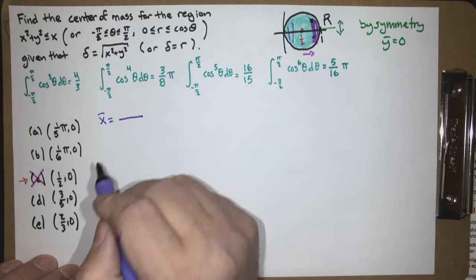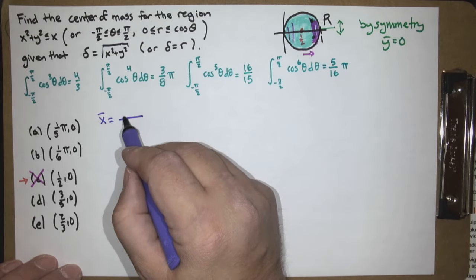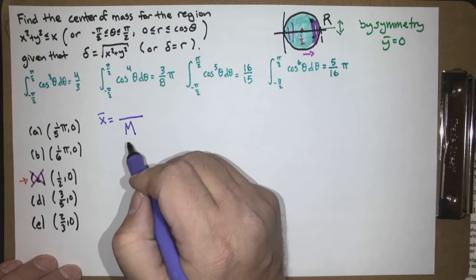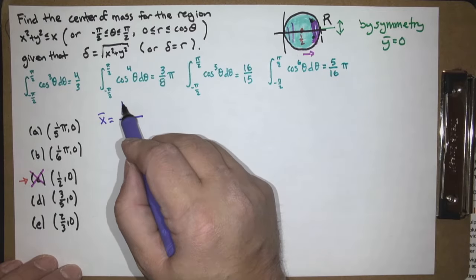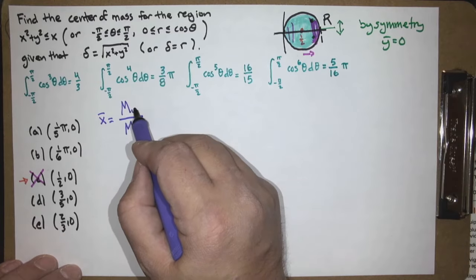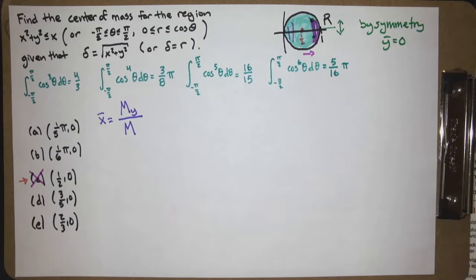We need to compute 2 things: mass and moment with respect to y. Yeah, it's that weird notation. All right, which one do you want to tackle first? We're doing mass. We're just doing that one first.